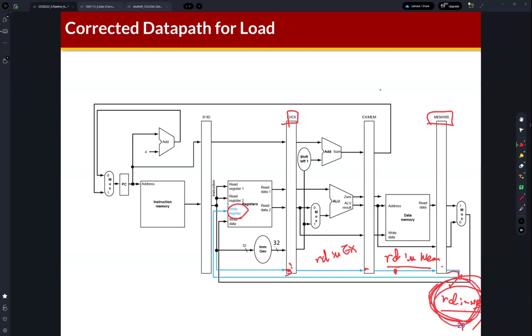You can find that this RD is the write register. RD is propagated through the pipeline registers, right? So this is the RD in the ID stage, this is the RD in the EX stage, this is the RD in the memory stage, and this is the RD in the write back stage.